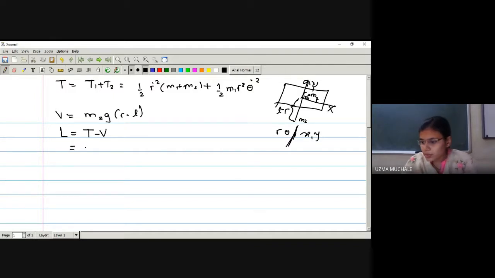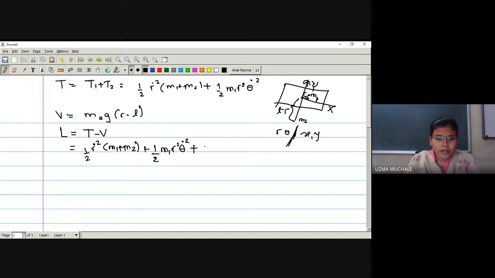Let me write down the value of T, which is 1 by 2. So we have 1 by 2 r dot square times (m1 plus m2), plus 1 upon 2 m1 r square theta dot square.